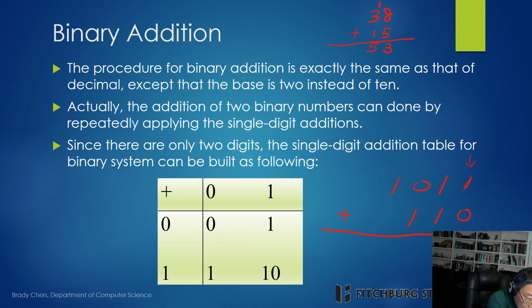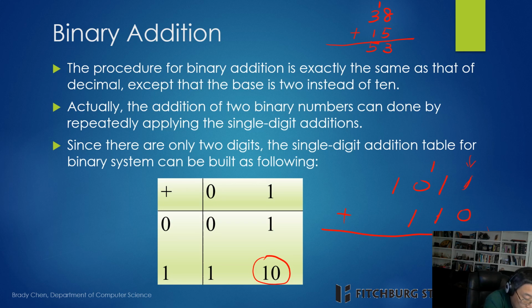Now here, 1 plus 1, so we got a 2, right? Based on the binary addition, 1 plus 1 is 2, but the binary representation for 2 is 1, 0. So we put the 0 in that position and carry a 1 to the next position.